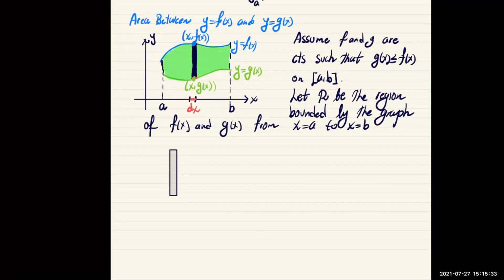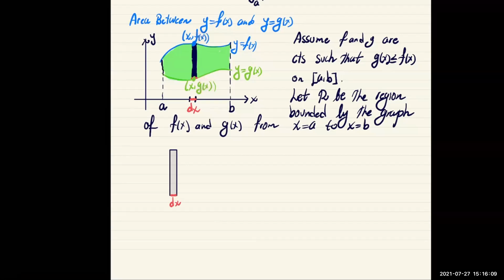Again, this length is dx or delta x, and the height is basically the difference of the two y values. You take the top y value minus the bottom y value. Imagine the y value for this point is 5, and the y value for this point is 2. So the length of that rectangle would be 3.